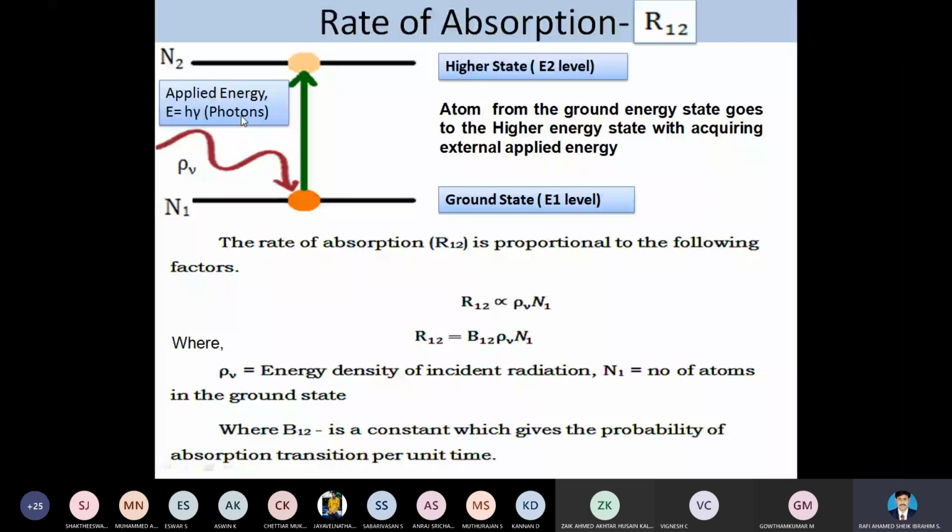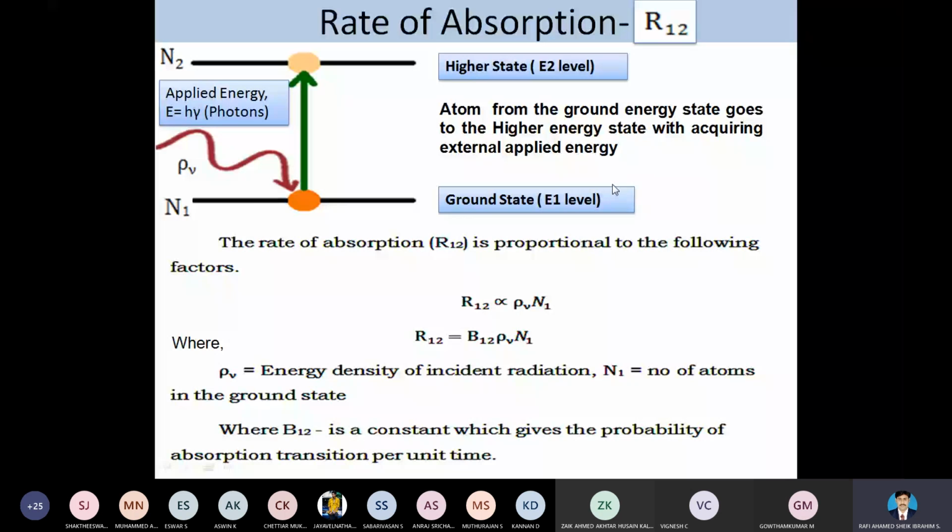To explain Einstein's theory, we consider the applied energy as photons, which is light energy. We apply light energy as the input, and we get light energy as the output in Einstein's theory. So let's start our mechanism.